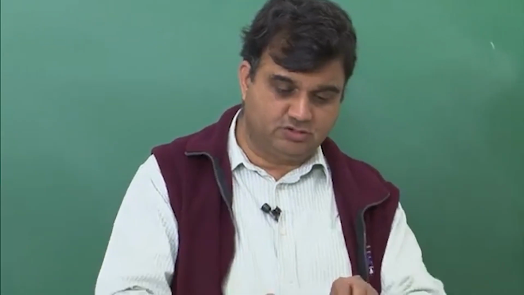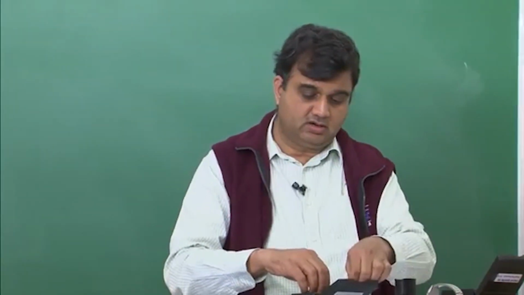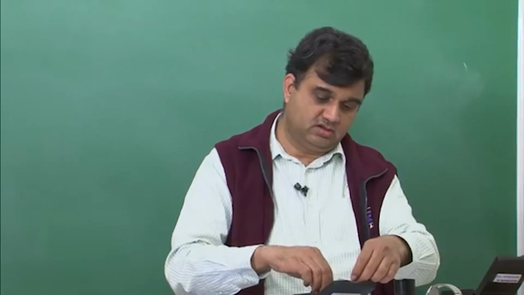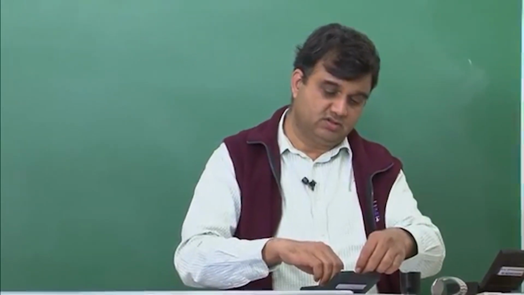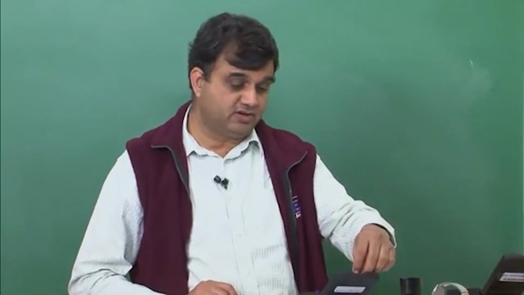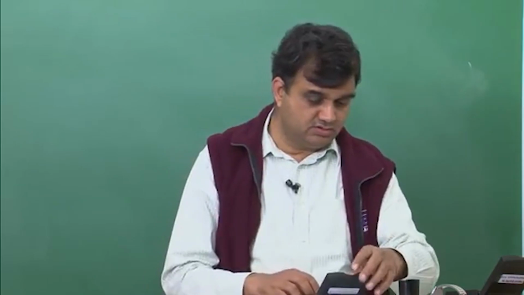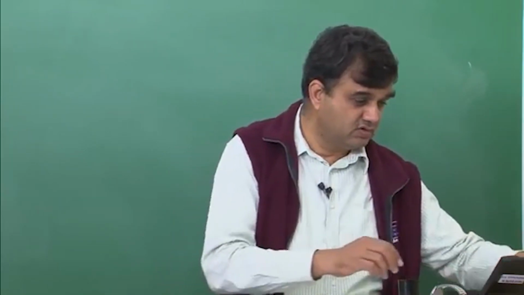Here the microphone is separate, and I have to connect it with a preamplifier so that I can use it successfully. Looking at the sensitivity of this microphone, it says minus 48.1 decibels, with the reference being 1 volt per Pascal.